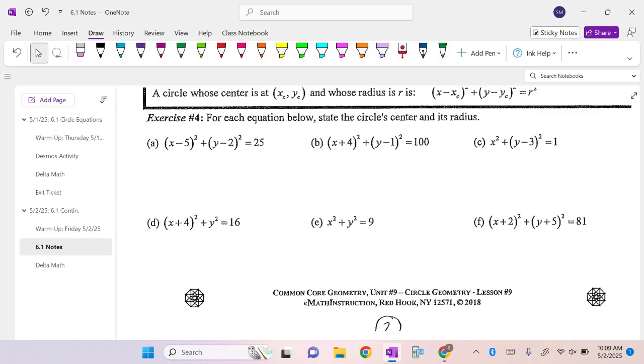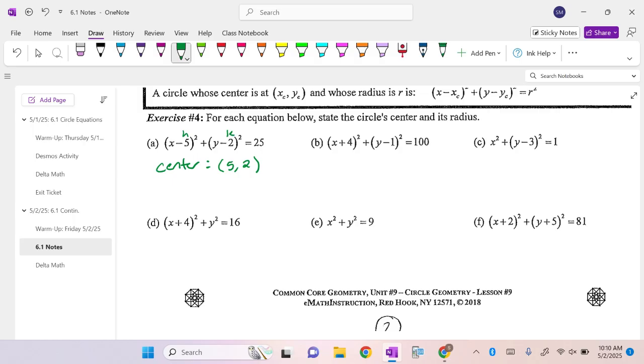So for letter A, someone raise their hand and tell me my center point. Gavin. Good. So 5, 2. Here's my H, here's my K. Since they're both negative, that means they're both positive within the actual point.